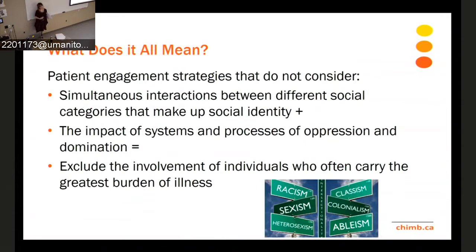If we don't simultaneously look at the interaction between these things and the impact of systems and processes of oppression and domination, so racism, colonialism, sexism, transphobia, all of these pieces, we actually exclude the involvement of individuals who oftentimes carry the greatest burden of illness. So the voices that are already traditionally not being engaged in health research.